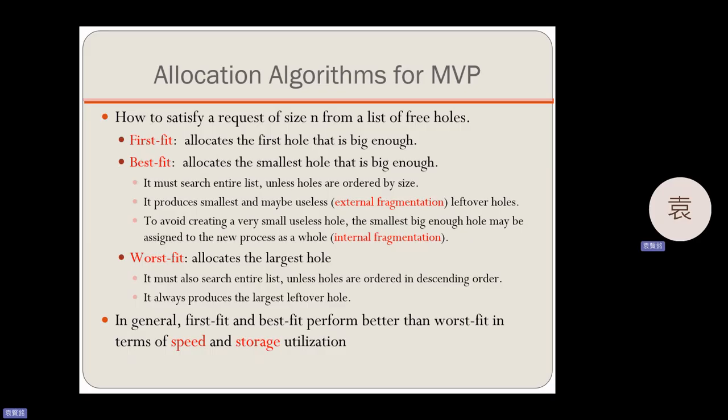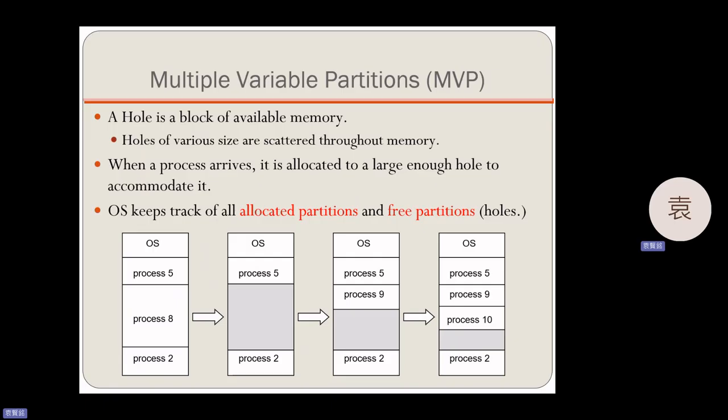Whenever a request of size n comes in, we try to find a big enough free partition for the incoming process. Remember the operating system needs to keep track of all the free holes and allocated parts.